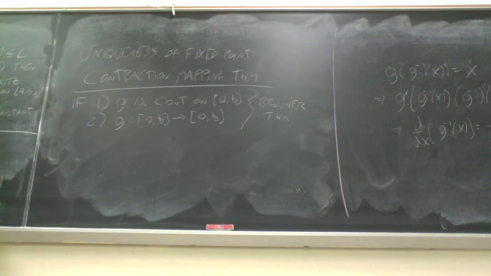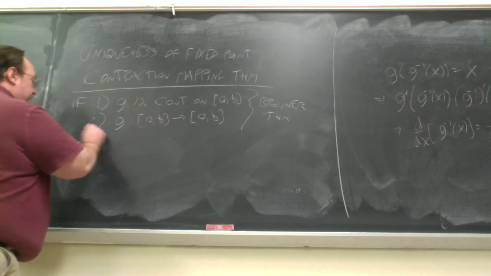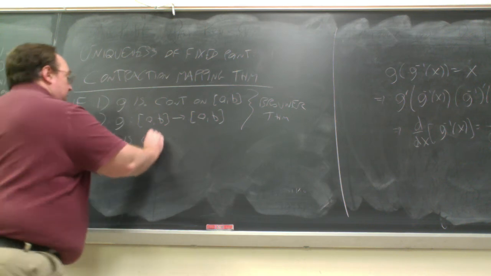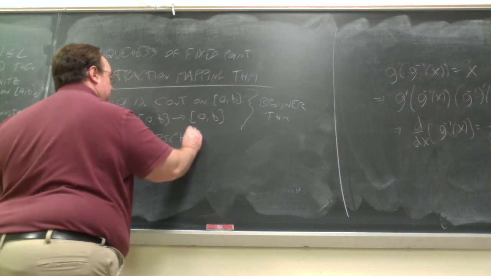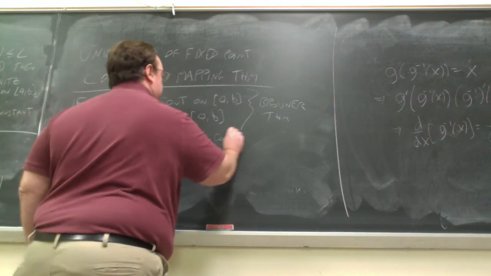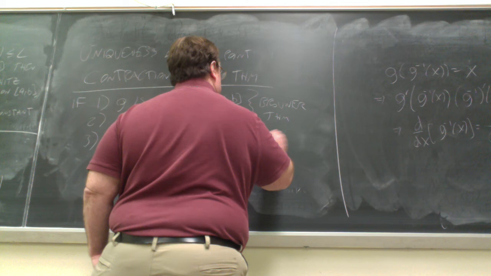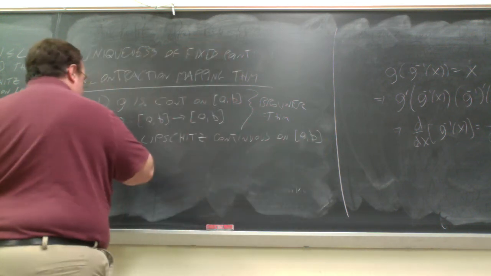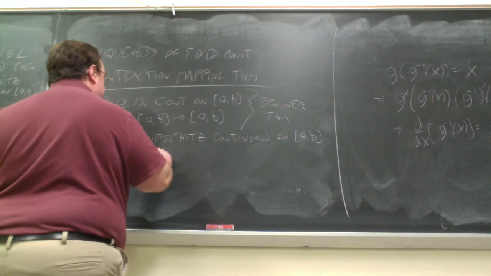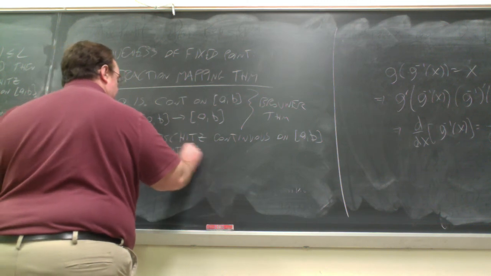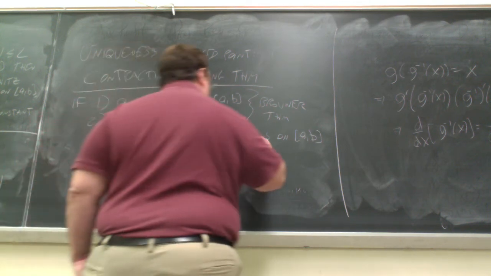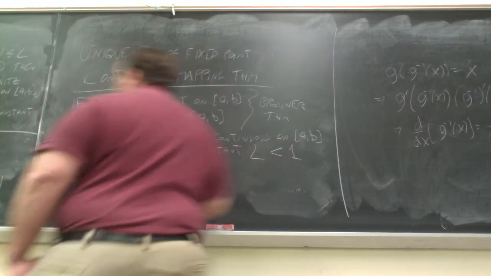So that alone ensures existence of a fixed point, but now we're going to pile more conditions on top of it. If G is Lipschitz continuous on the interval [a, b], and there's a Lipschitz constant. Well, Lipschitz continuous means there is a Lipschitz constant. L has to be less than 1.